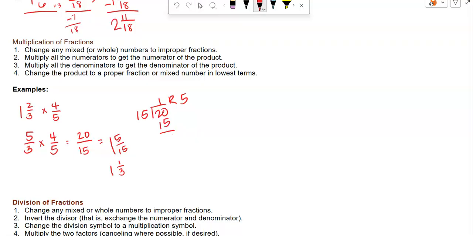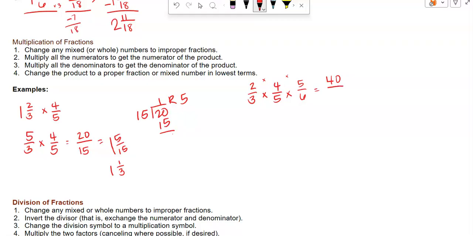Okay, sometimes we might have more than 2 numbers to multiply. So let's say that we have 2/3 times 4/5 times 5/6. All we need to do is to multiply all of our numerators and all of our denominators. So 2 times 4 is 8. 8 times 5 is 40.